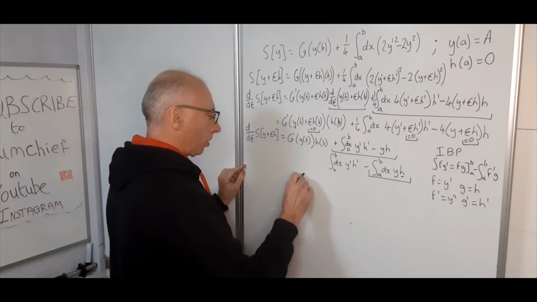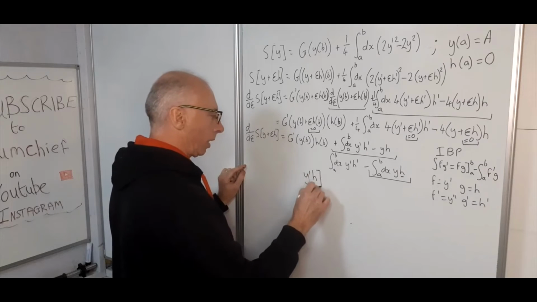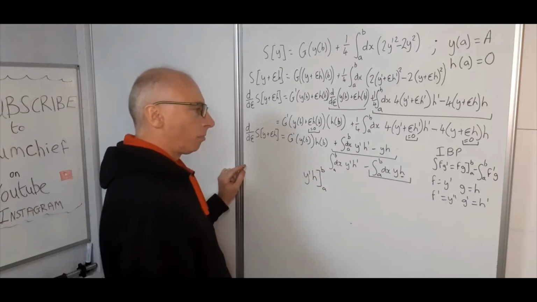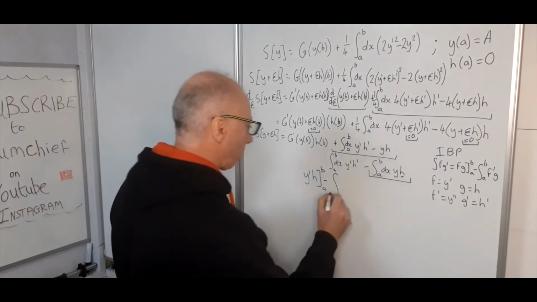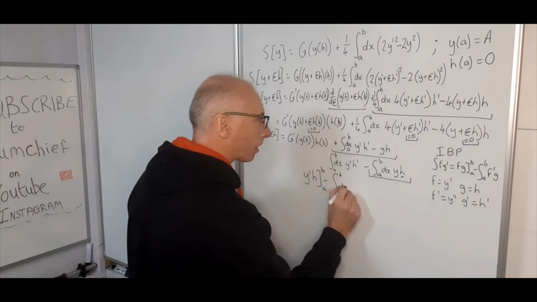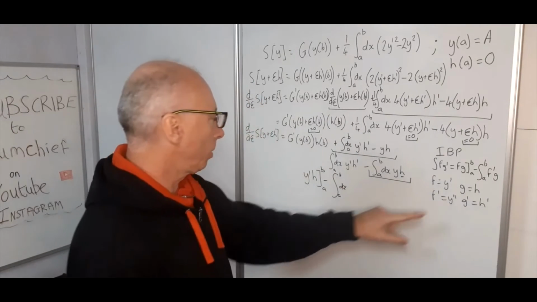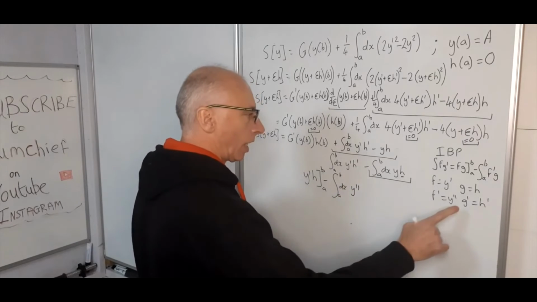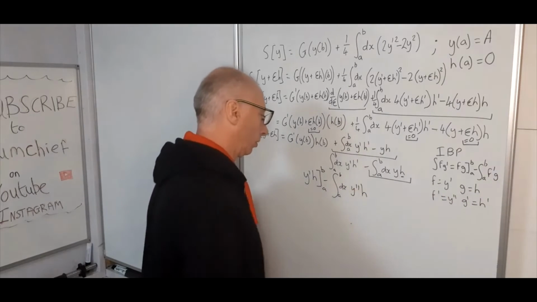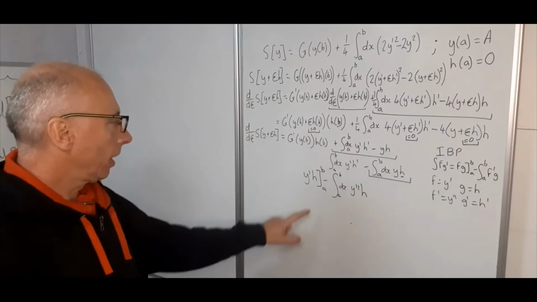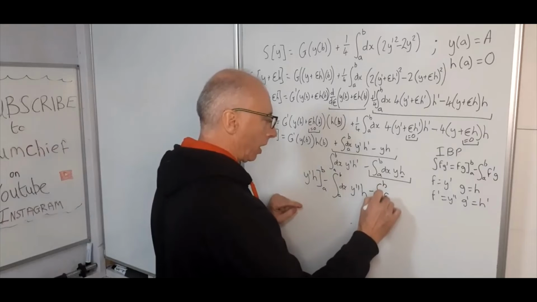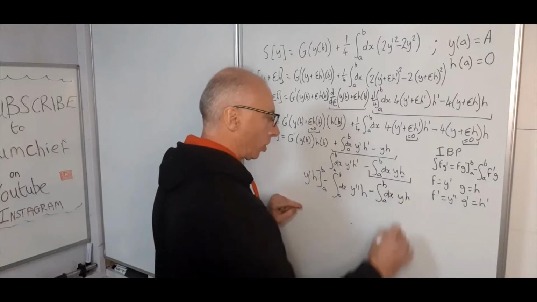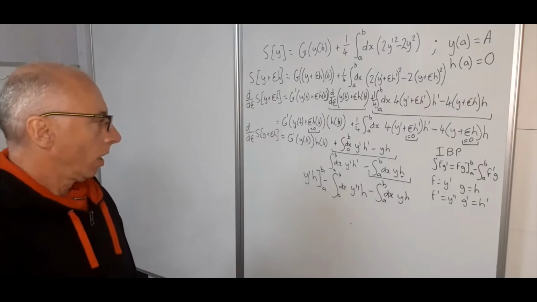So y prime h from a to b minus the integral of f prime g, and that's from a to b as well, with regards to x. So f prime is y double prime and g is h. Okay, so that takes care of that. This integral here will just bring down, from a to b dx y h.